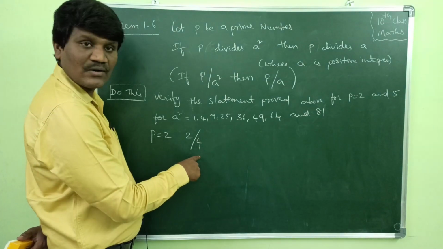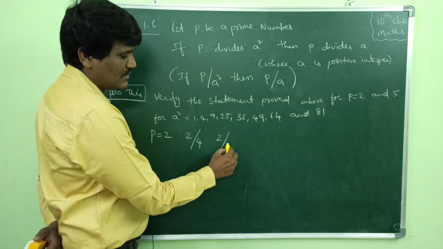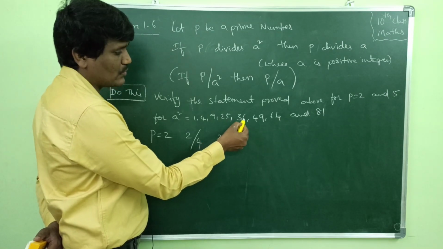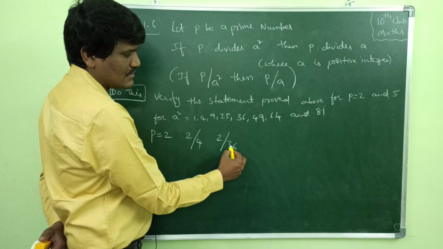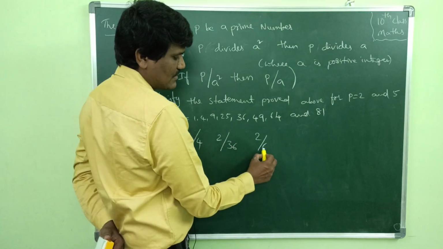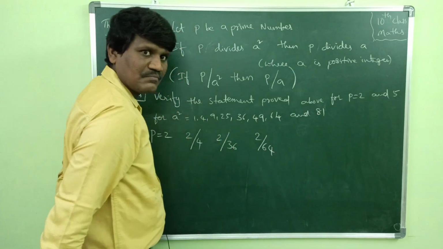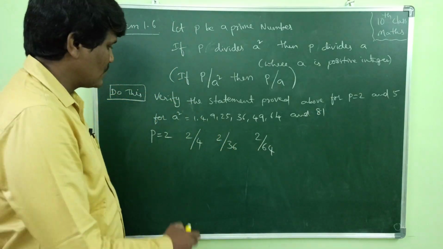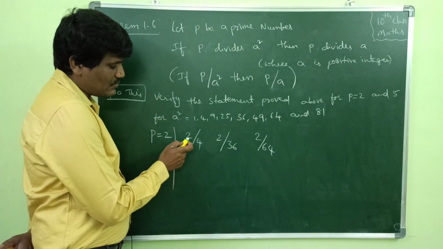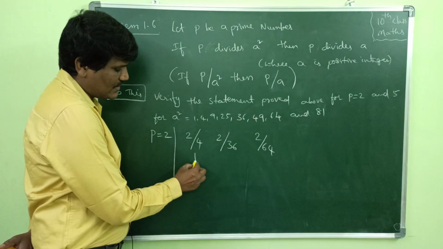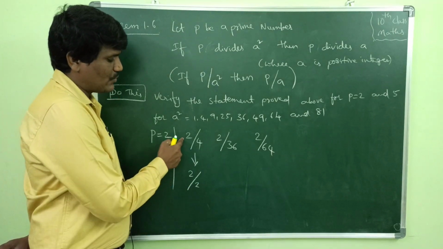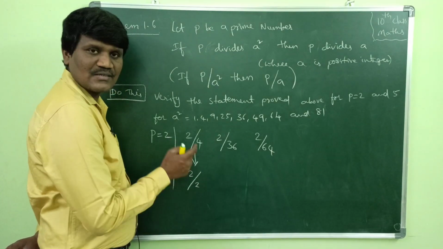Yes, 2 2s are 4. 2 divides 9? No. 2 divides 25? No. 2 divides 36? Yes. 2 divides 49? No. 2 divides 64? Yes. 2 divides 81? No. So 2 divides 4. That means 2 divides a square, then 2 also divides 2.